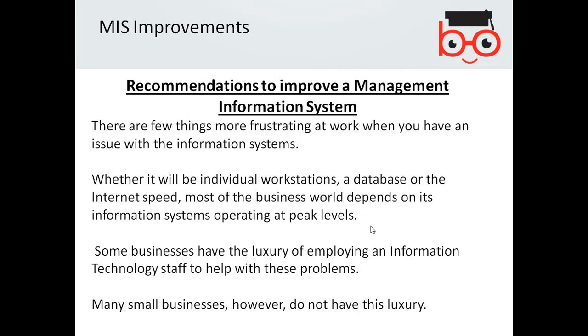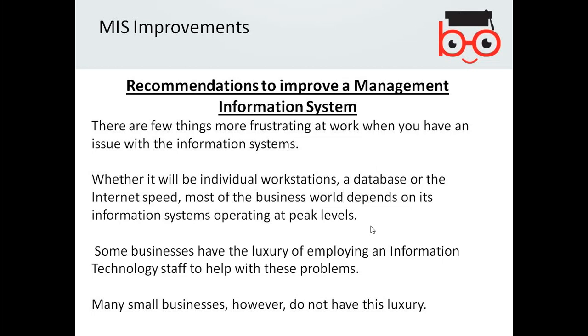All of the business world is depending on the information system at peak levels, in every aspect. The information system is the key thing on which every business depends.